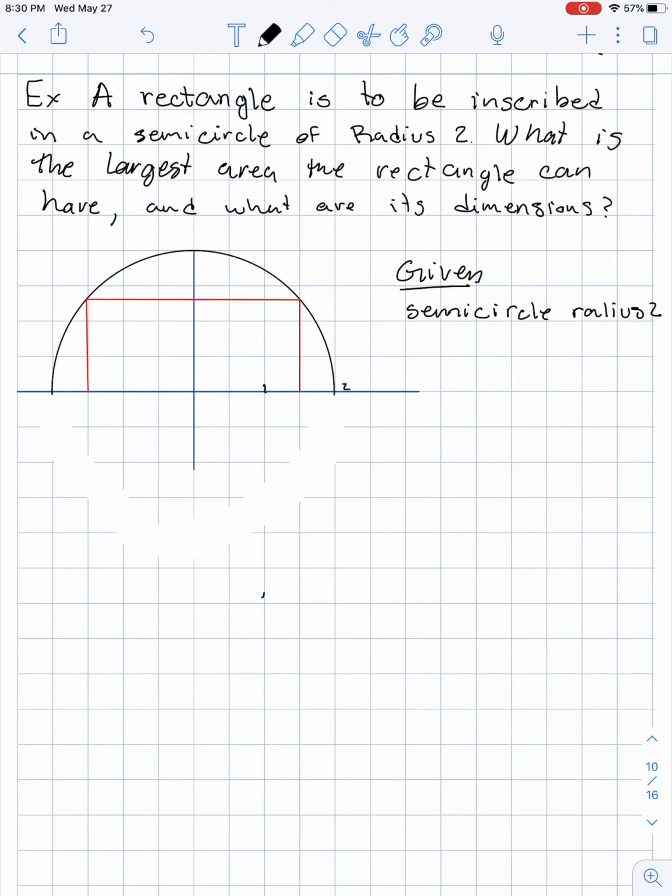And the rectangle needs to be inside of that. So the distance from here to here also needs to be 2.